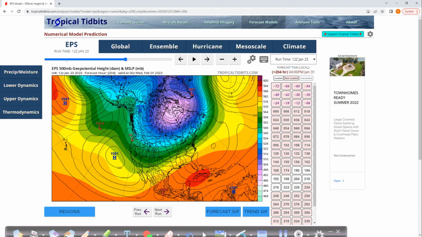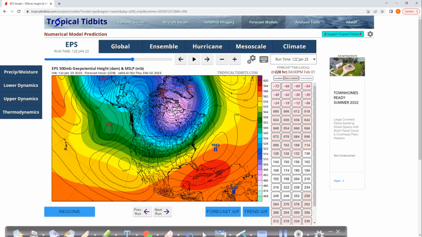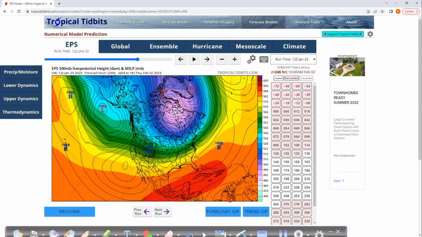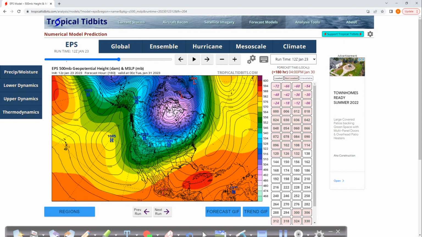European ensemble forecasts show the same thing, except that it actually breaks down that ridge a little faster, which is interesting for the European model.